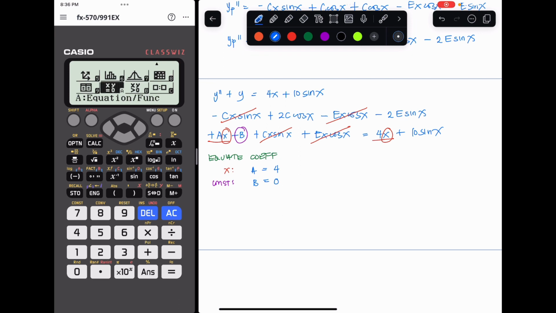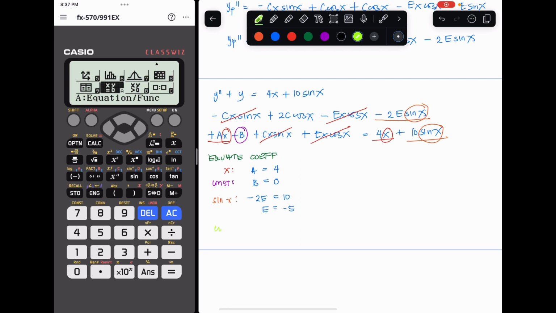And then the terms which involve sine x. This is the term that involves sine x and this one. So thus, we have negative 2e is equals to 10, so our e is equal to negative 5.